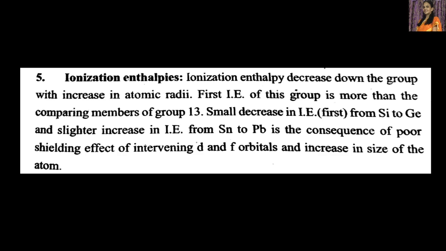A small decrease in first ionization energy from silicon to germanium and a slight increase from tin to lead is the consequence of the poor shielding effect of the intervening d and f orbitals.